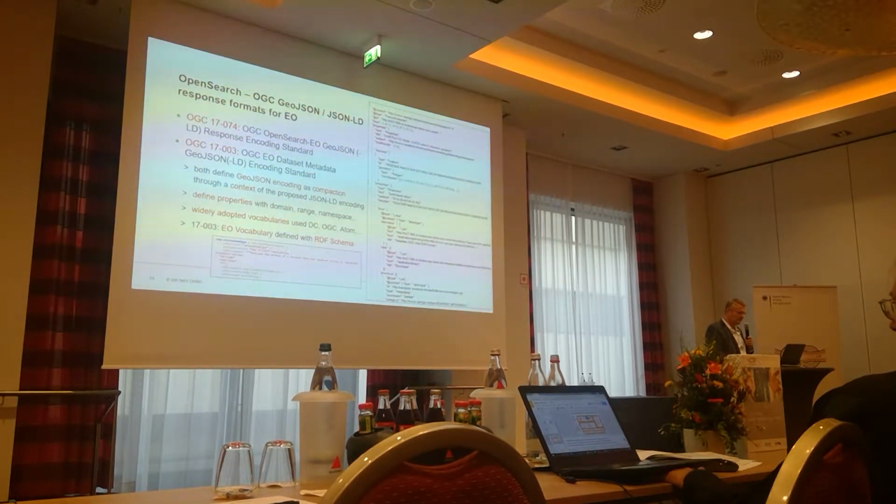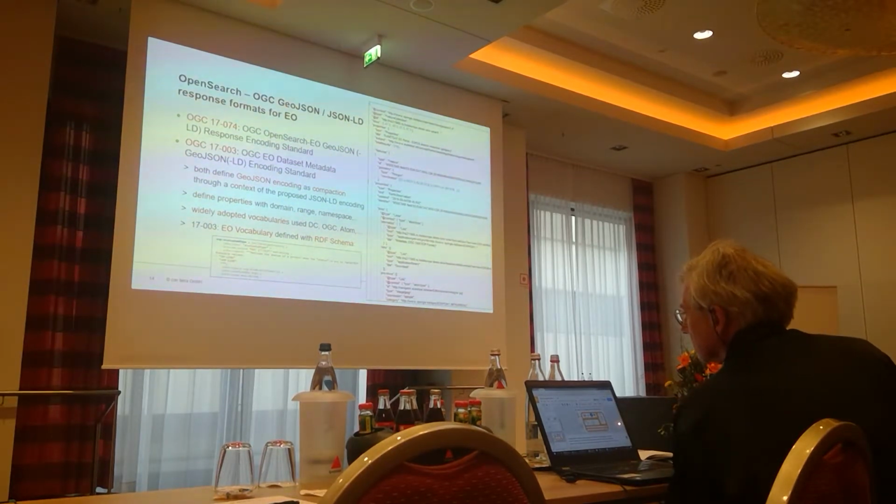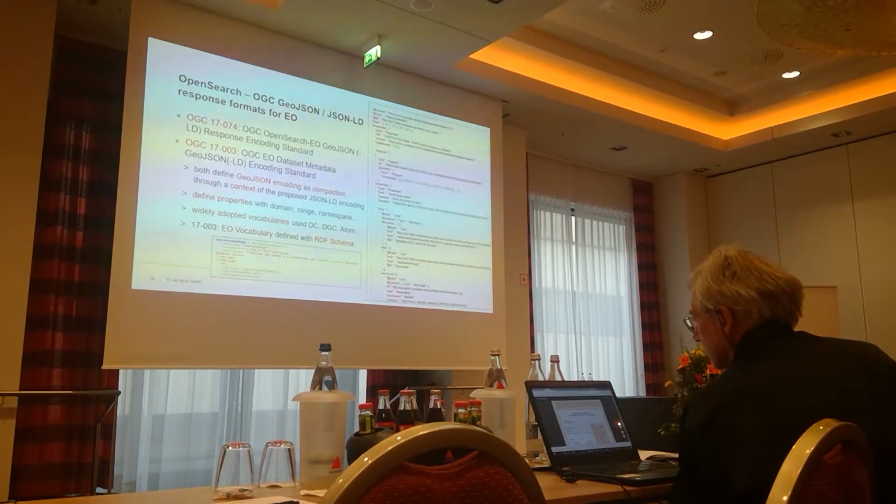So that means that they provide just the name, and we put in the link to the context, and the context defines all the terms and the URIs, and this provides then the semantics. And the advantage is that a standard GeoJSON client can use this GeoJSON in a standard way, and a GeoJSON-LD enabled client can also gather the information, the links, and has also the semantics there.